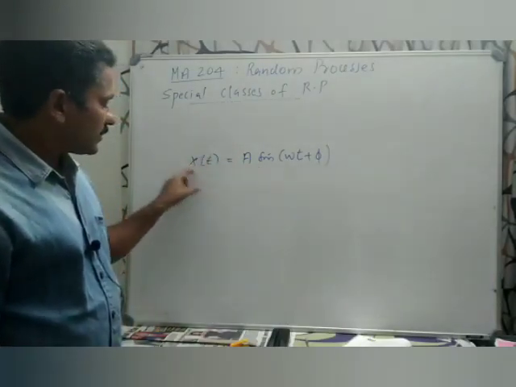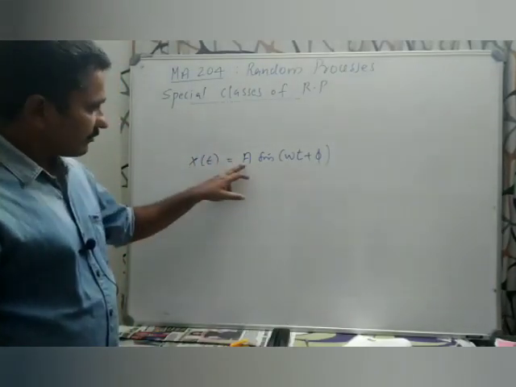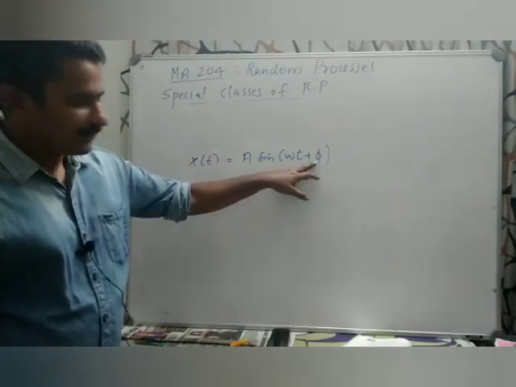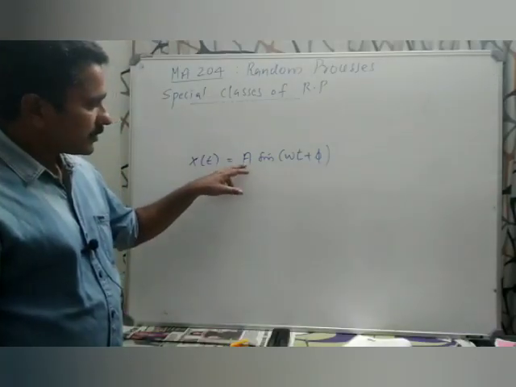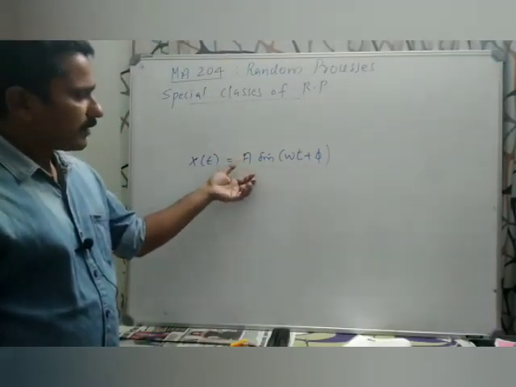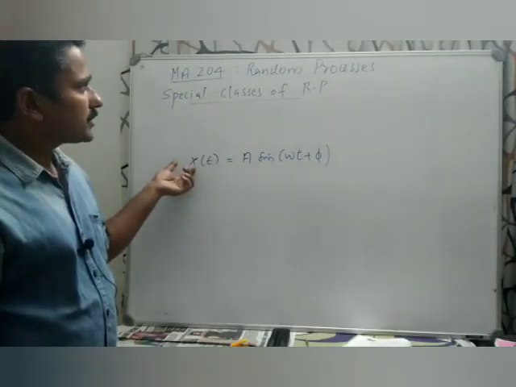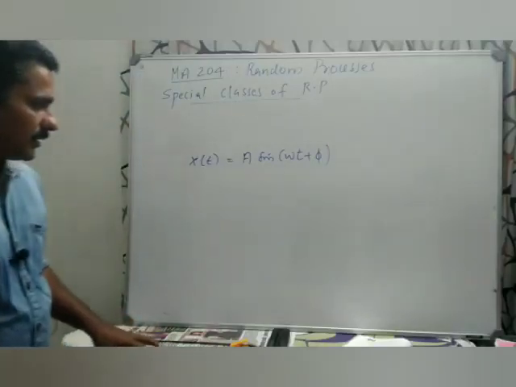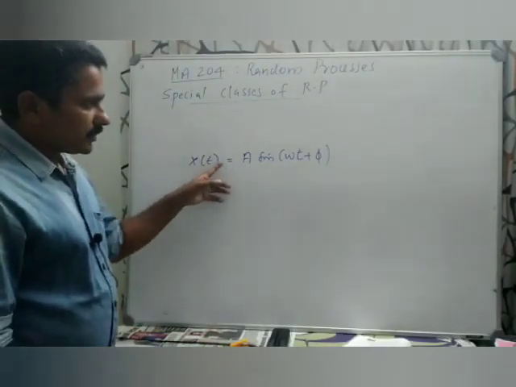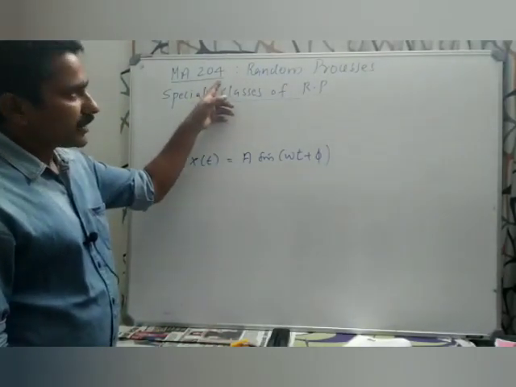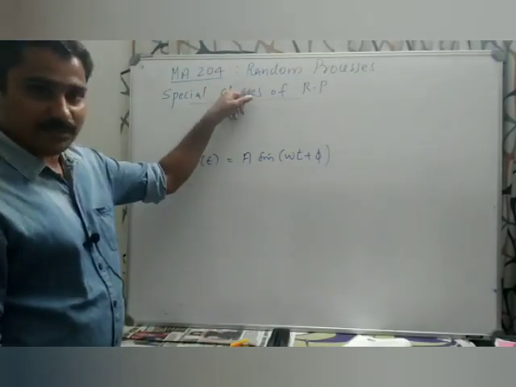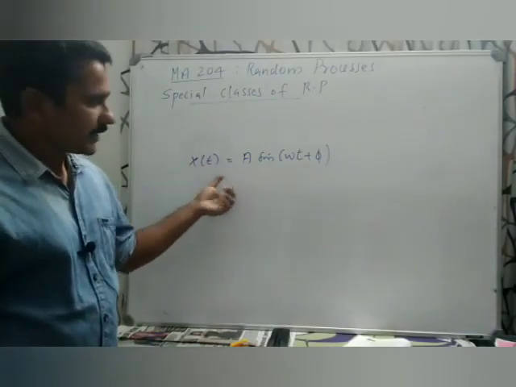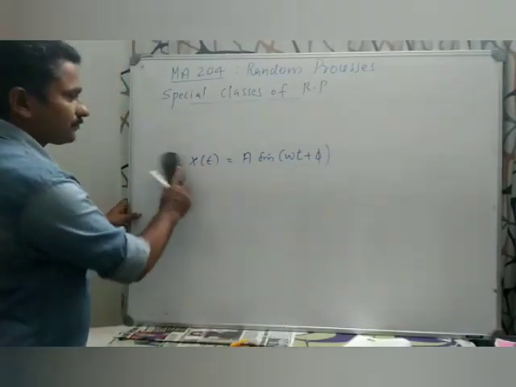That means if any one or more of these three, A, omega, and phi, are random variables, then this becomes a random process, right? That is why I think this topic is included in the electronics syllabus, because they deal with signals more, right?